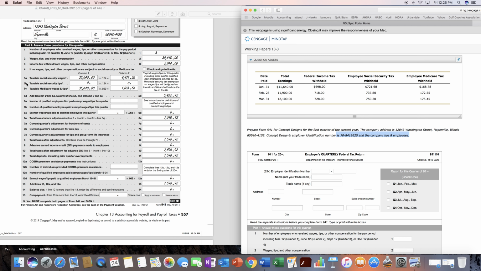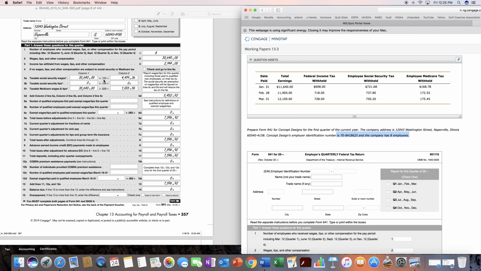Over here, they take total taxable Social Security wages, because it's under the tax base. These are the 3 months' earnings, which they already added up, 35,640. Now we're multiplying it by that 0.124 number that you have there.